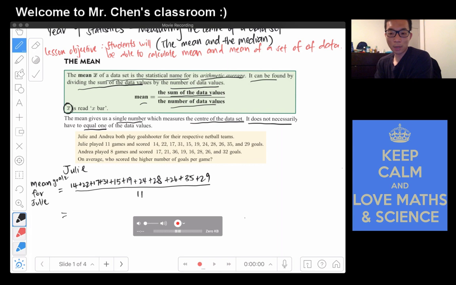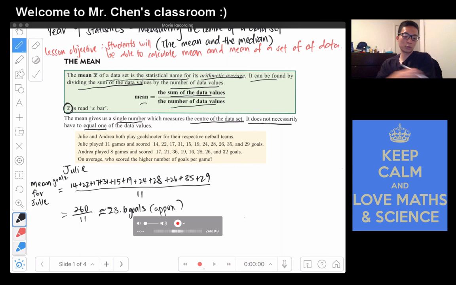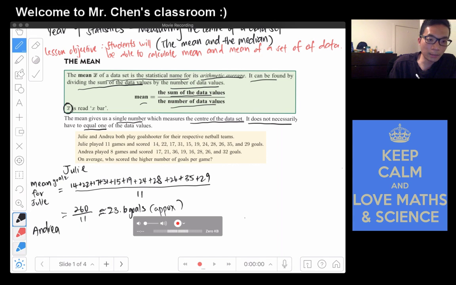When you add this all up, you should get around 260. 260 divided by 11 gives you approximately 23.6 goals. So Julie scored around 23.6 goals. Let's find out how many Andrea is scoring.